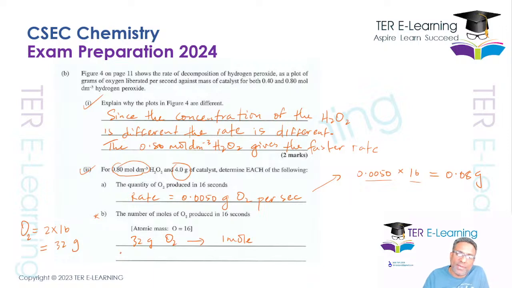So therefore, if I want to work out 0.08 grams of O2, again you're going to cross multiply, so that's 0.08 by 1 all over 32, and that's going to give you 0.0025. That's the answer for that part there. That's the amount of moles of oxygen present in this thing.